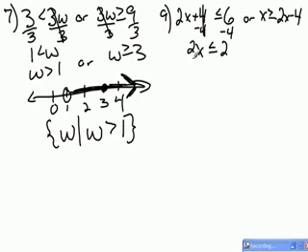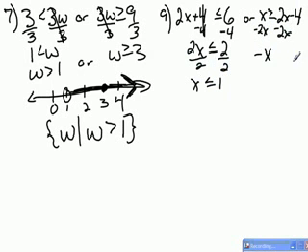So 2x is less than or equal to 2, divide by 2. X is less than or equal to 1. Over here, we want to get all our x's together, so I'm going to subtract 2x. That will give me negative x greater than or equal to negative 4. Multiply by negative 1 will give me x less than or equal to 4, and don't forget, if you multiply by a negative, you flip that sign.